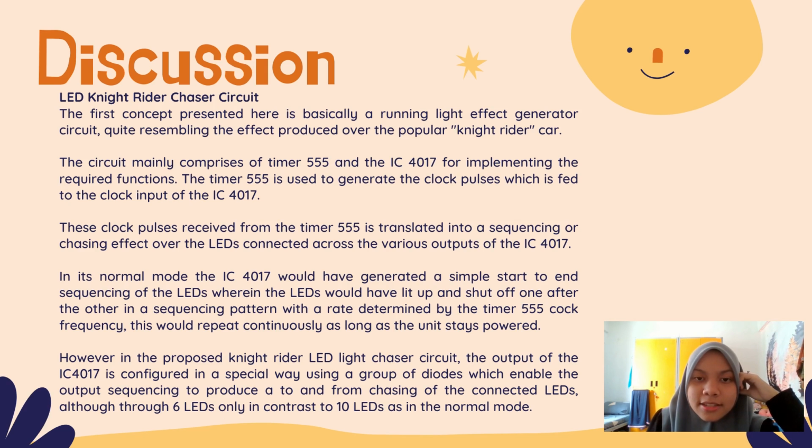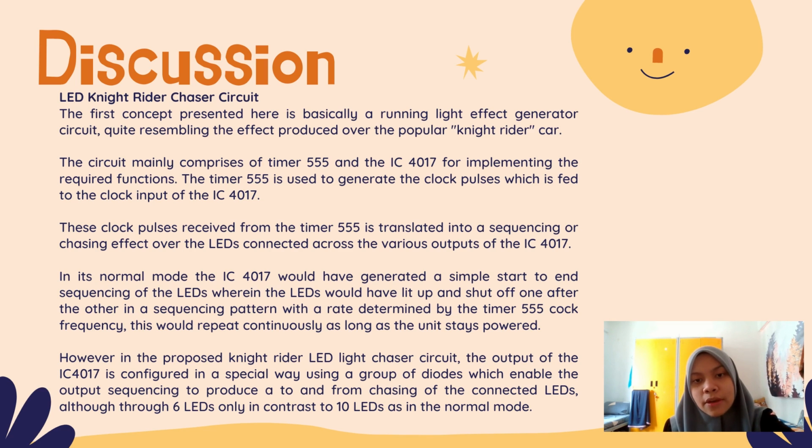So next is discussion. So our project is the LED Knight Rider Chaser circuit. The first concept presented here is basically a running light effect generator circuit, quite resembling the effect produced over the popular Knight Rider car. The circuit mainly comprises the timer 555 and the IC4017 for implementing the required functions.